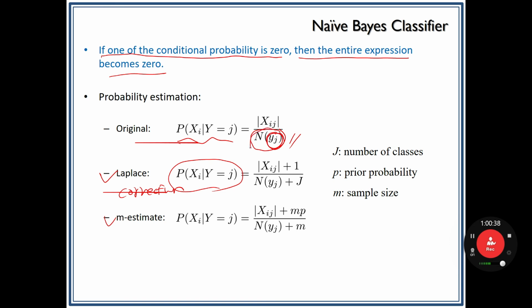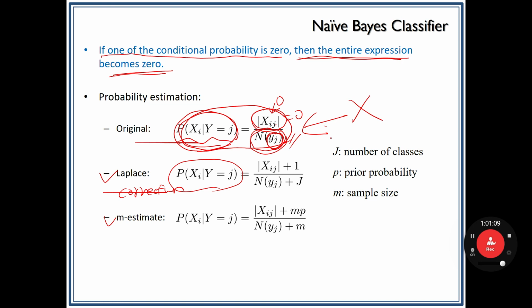Among those rows, we count the number of rows having xi value, some specific value. But the thing is that if this one is 0, the entire conditional probability becomes 0. Even one conditional probability being 0 makes the entire expression 0. So we don't use this one in practice because of this risk.